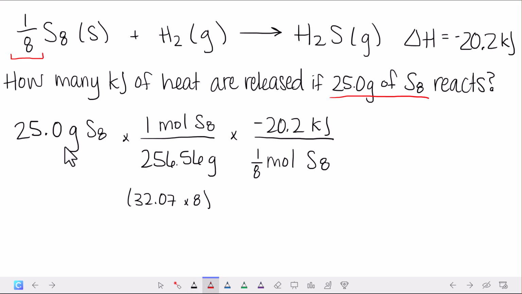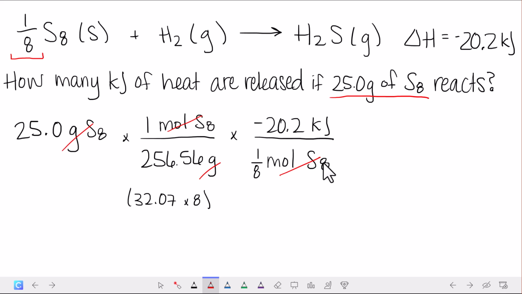So I was given some mass of elemental sulfur, and I converted that to moles using the molar mass of this substance. And now I'm going from moles of sulfur to amount of heat released, using the fact that for every 1/8 of a mole of sulfur that reacts, 20.2 kilojoules of heat are released.